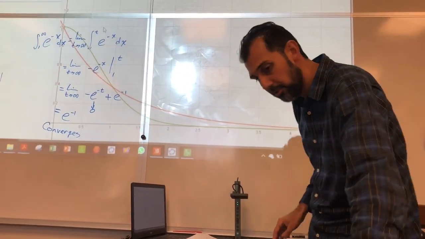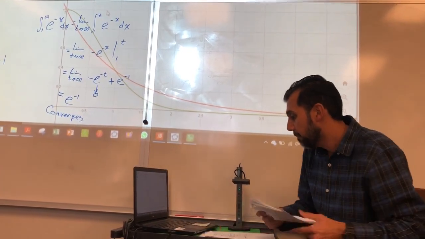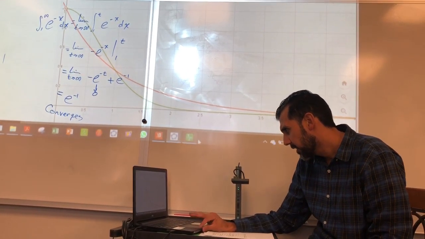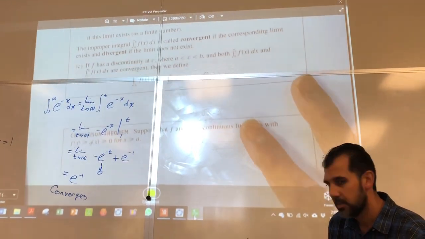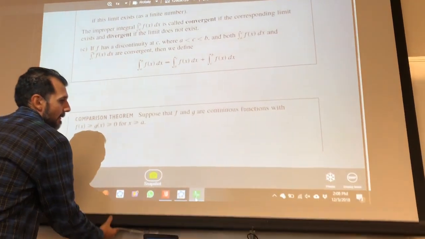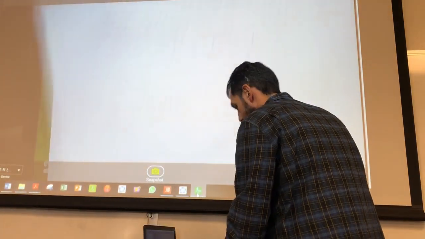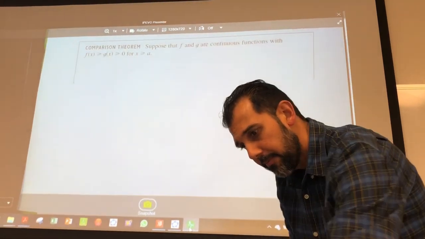And that leads us to, if you take out that worksheet that I had passed out on Monday, that worksheet looked like this. So let's note down some facts. And by the way, this is from the book as well.